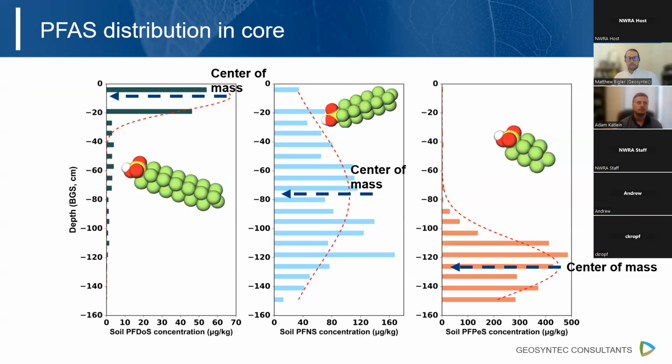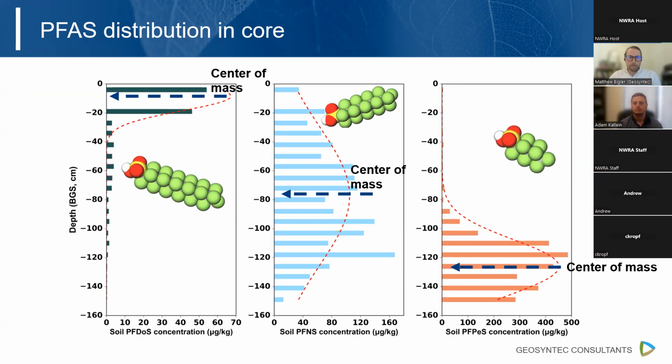Moving on to our PFAS distribution in the core. And again, this is from 0 to 1.5 meters, or 160 centimeters roughly. Most of our PFAS was confined to these upper 1.5 meters, as you can see. But what's interesting is that if we break this down based on molar volume, our really high molar volume PFAS, our PFDoS, which you can see here is a really large molecule, is confined to the surface of our soil core.